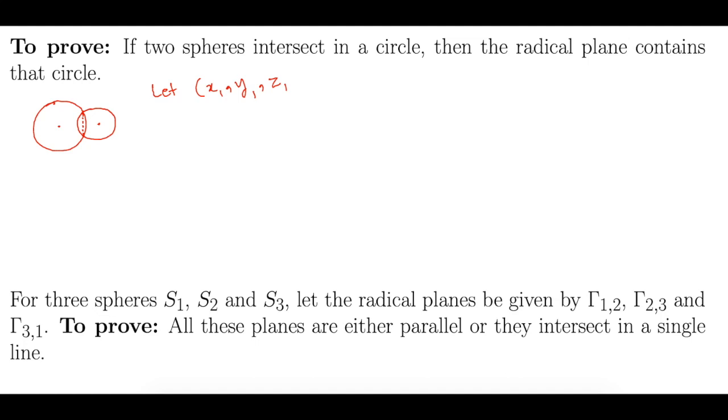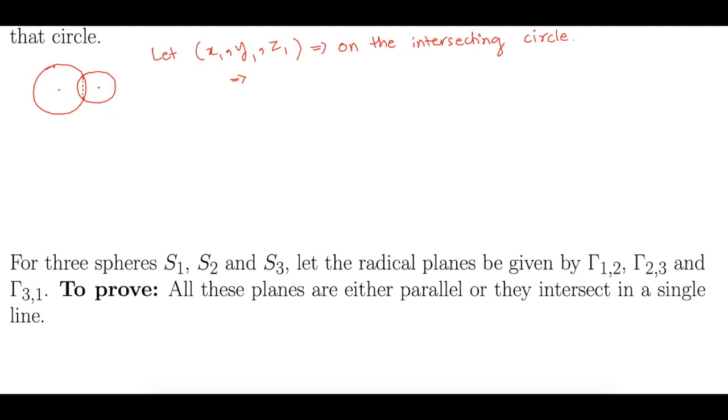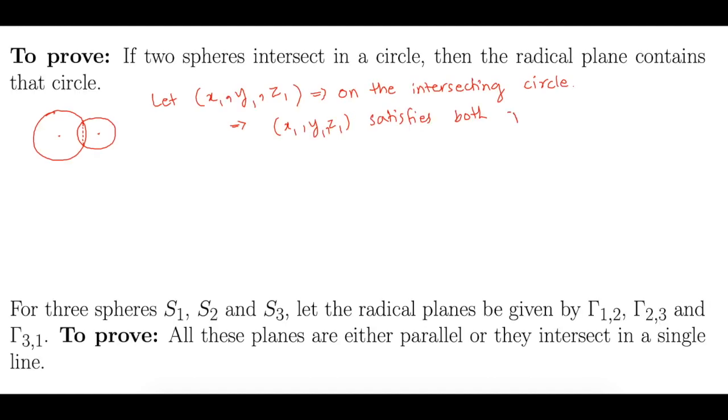The property of this point is that it is on the intersecting circle. So this means that x1, y1, z1 satisfies both spheres' equations.